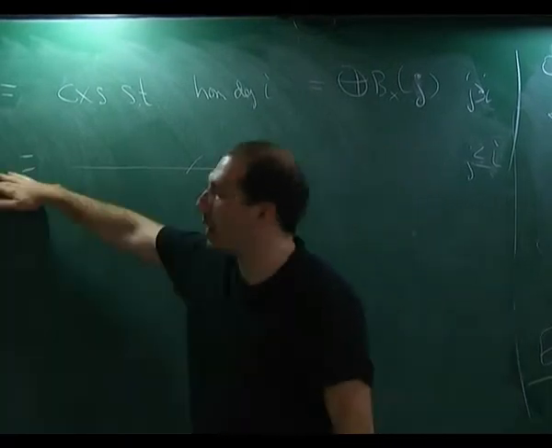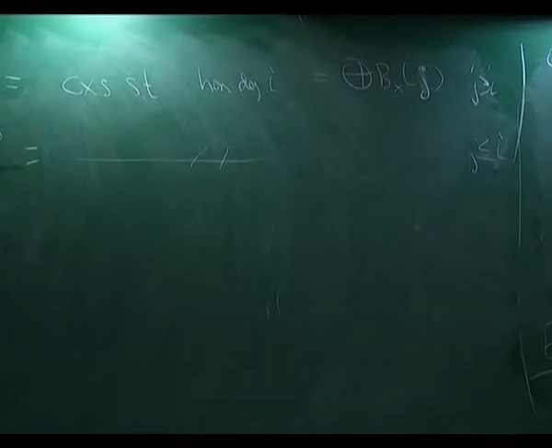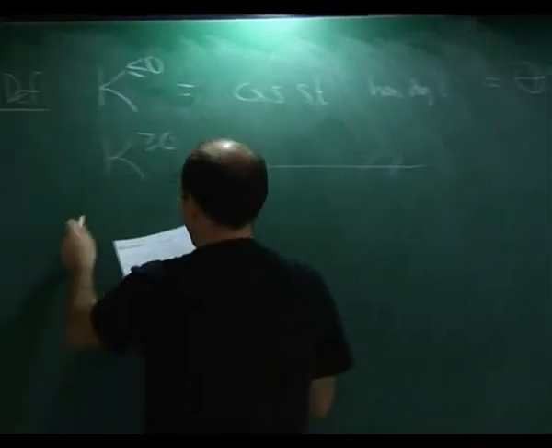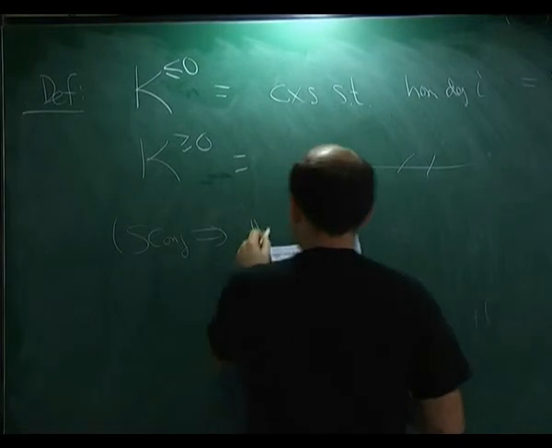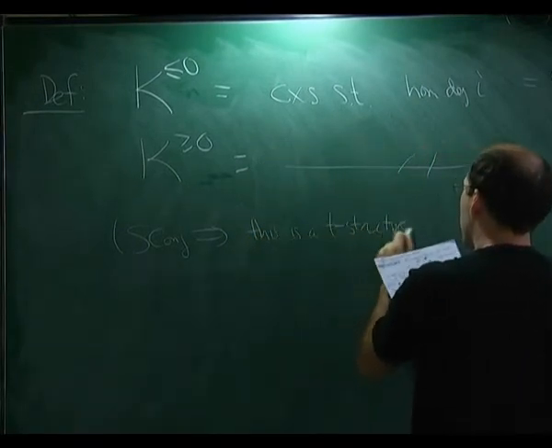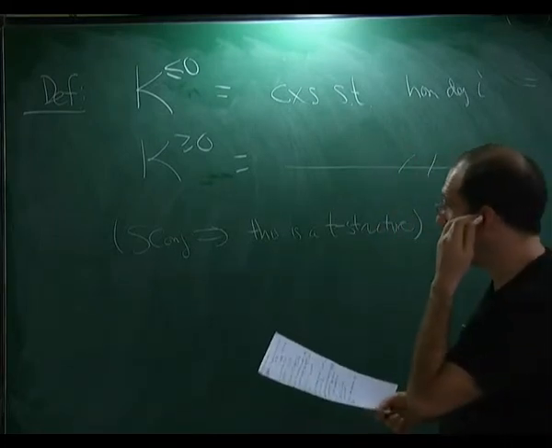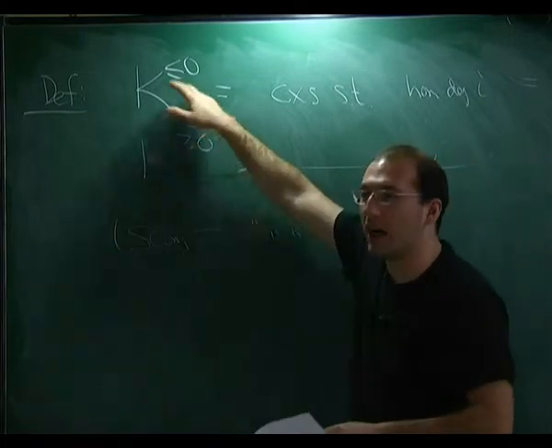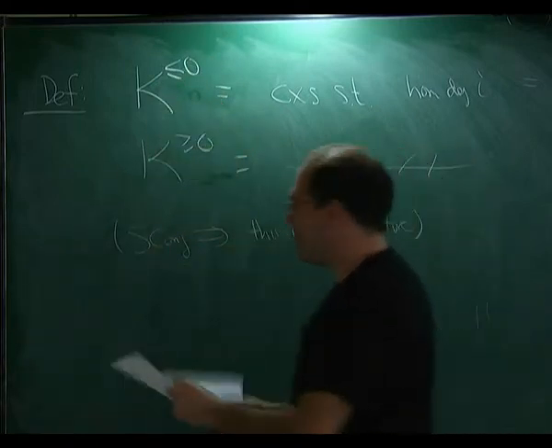So this is in K bigger than or equal to 0 because the shift is too low. Okay. The point of the bigger than or equal to 0, less than or equal to 0 stuff is that the Zirkel conjecture implies that this is a t-structure. Okay, so we haven't gotten there yet, but in fact, the Zirkel conjecture does imply that this is a t-structure. You can unravel that. And the thing is, there's really Homs in one direction and not in the other direction. So I can't switch these two as much as I might want to.